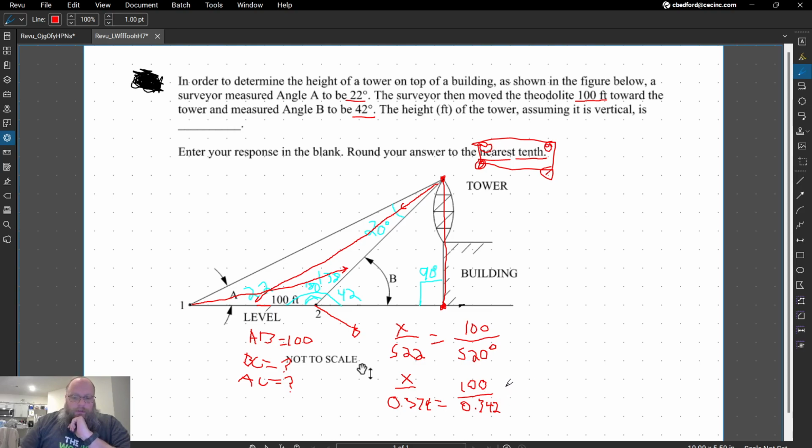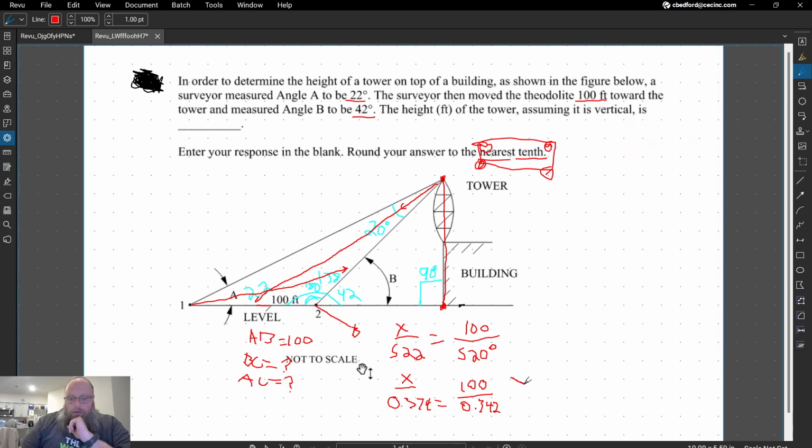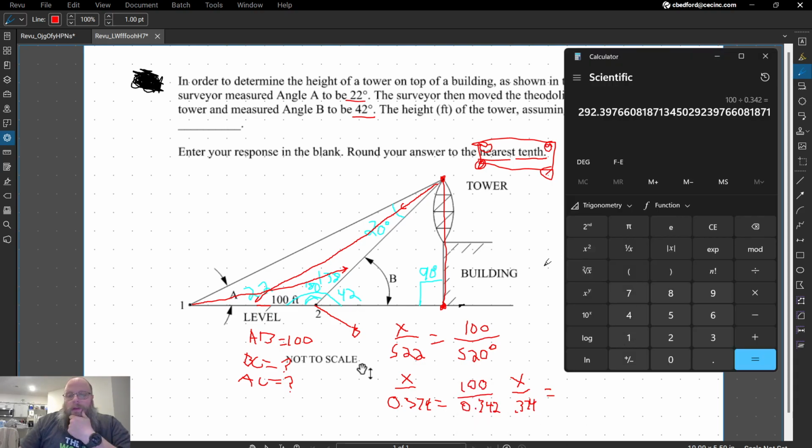All right, so I'll just take our calculator here, and I like to change that to decimals because it's easier for me to understand. 100 divided by 0.342 is going to equal 292.397. So now we've got X over 0.374 is equal to 292.397.